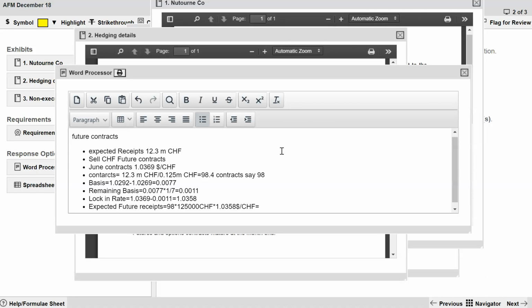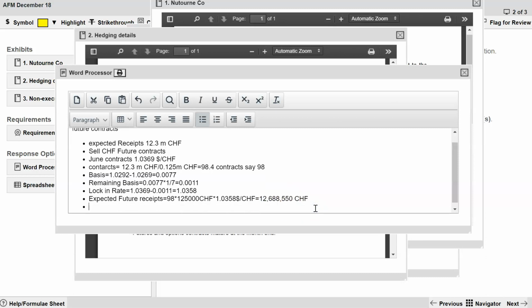So the expected amount will be 12,688,550 CHF. So you're going to receive this amount.